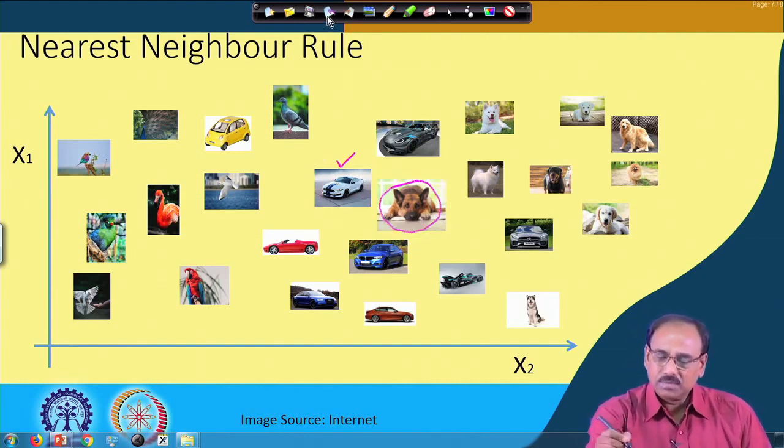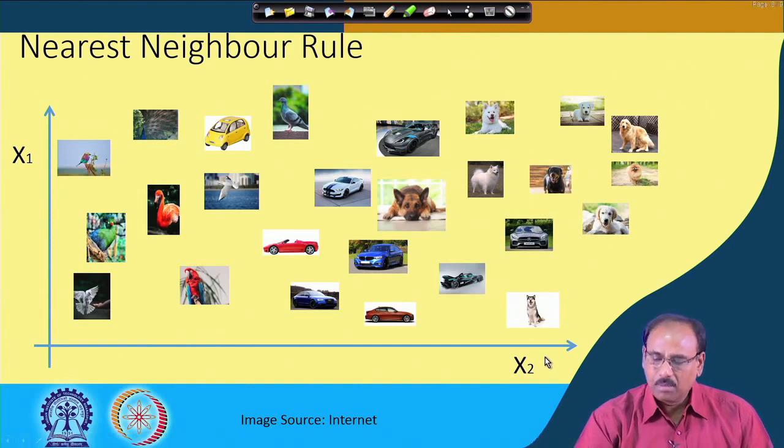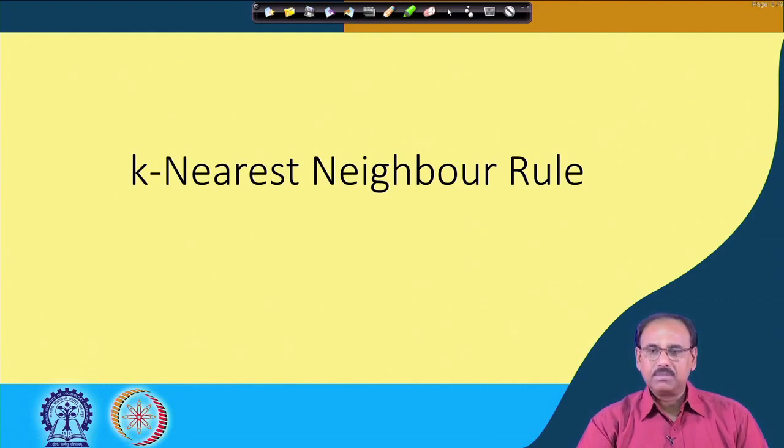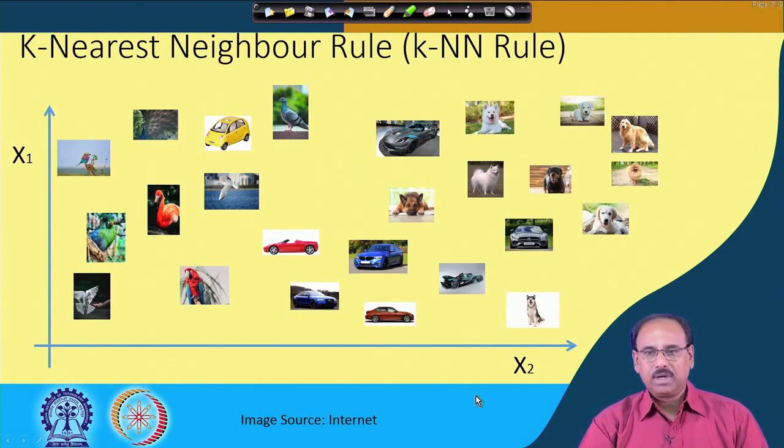So, what I will do is I will take multiple images. If I take k number of nearest images, then it becomes a k nearest neighbor rule. So, in the k nearest neighbor rule, as before, I have all these different vectors or images in my feature space. Again, I have this unknown image.